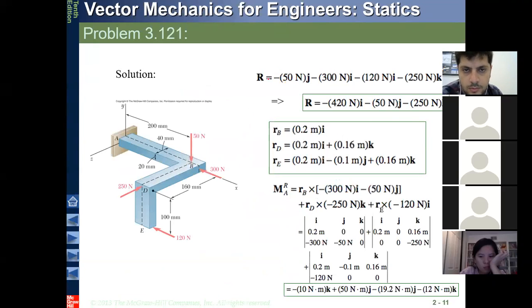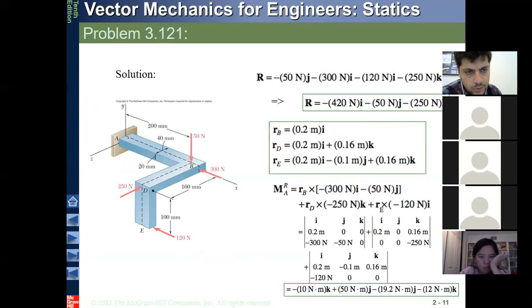So the resultant of the forces, well, this is a 3D problem, so it is better to write everything in XYZ components. So here you do not have any oblique forces, so you just have to choose a good coordinate system.